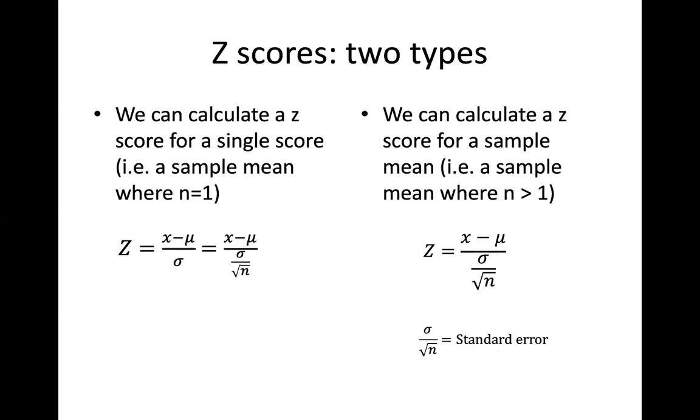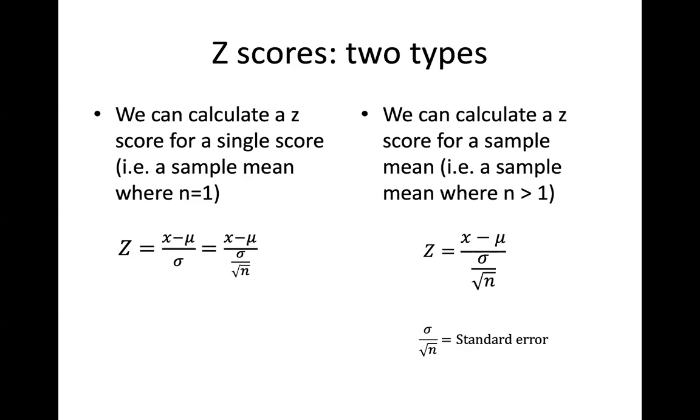For instance, for the activity that we did before spring break, the sample size was 5, and we created this distribution of sample means. We can create a z-score for any possible mean with sample size 5 in that distribution of donations.